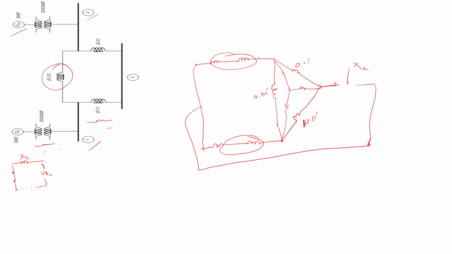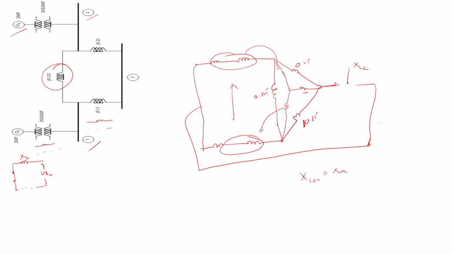Then again these two are in series, these two are in series, again these two are in parallel, and the final value is in series with this one. Same as positive sequence, no problem. So almost you will get x1 equivalent equal to x2 equivalent.